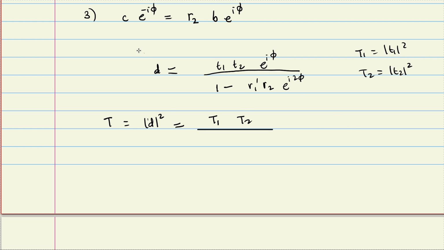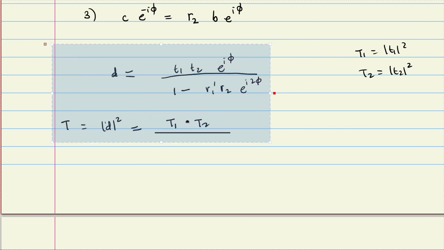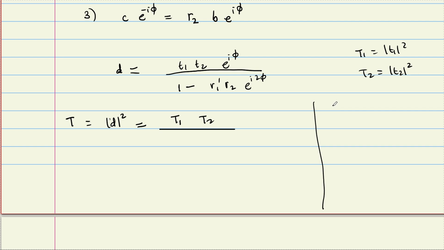So I need to calculate the denominator. Let me do it on the side. So this is 1 minus R1 prime R2 e to the i 2 phi times the same thing, complex conjugated. So this is times R1 prime complex conjugate, R2 complex conjugate.